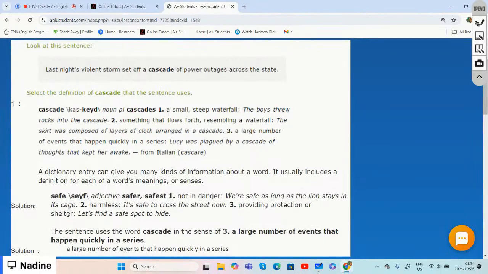And remember, keeping in mind, a dictionary entry can give you many kinds of information about a word, and it usually includes definitions of each of the word's meanings or its senses.